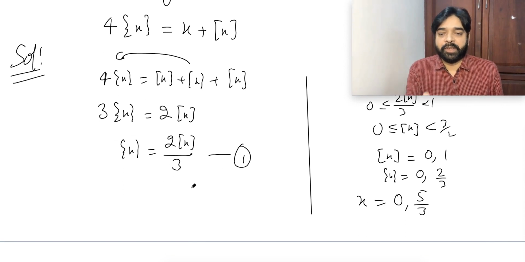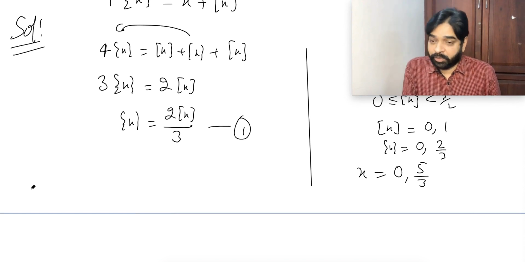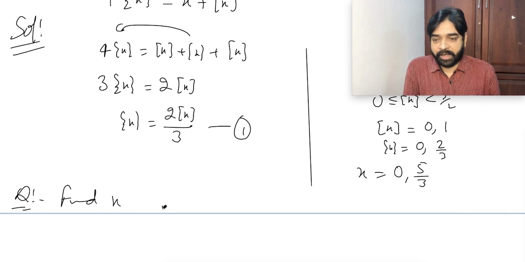One question I am giving you for homework, try it. It's a good question. Find x if x cube minus greatest integer x equals 3.